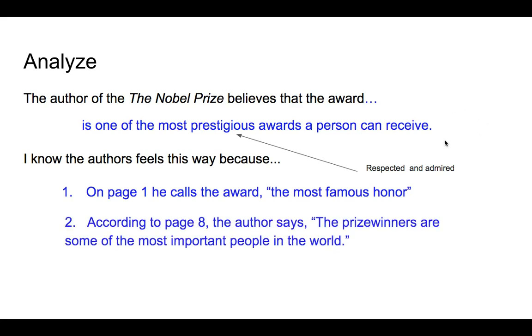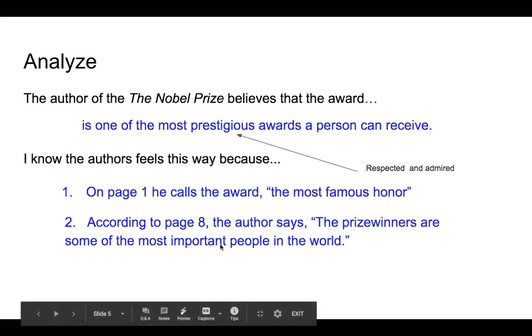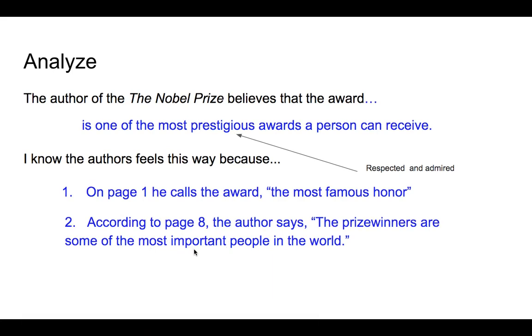On page 8, the author, Evan Russell, says that the prize winners are some of the most important people in the world. Again, this word important, not only just the word important, most important. All of these key words are evidence that Evan Russell believes that the Nobel Prize is one of the most prestigious awards you can win.